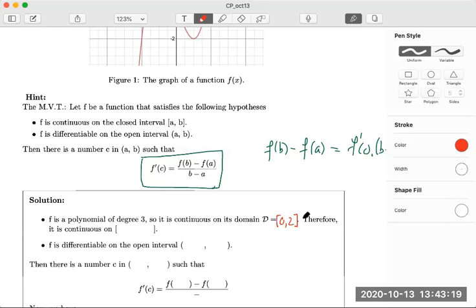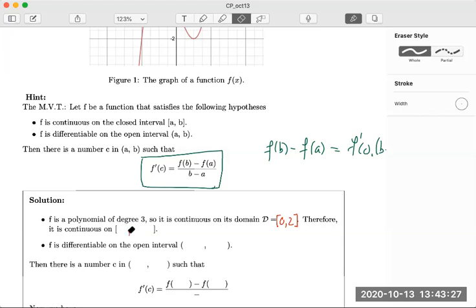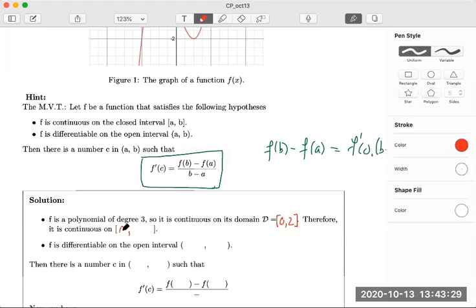The polynomial is continuous and differentiable on this interval. So it should also be 0 and 2, right? Thank you, Morgan. So the next step, the similar thing, it is continuous and differentiable on this interval as well.